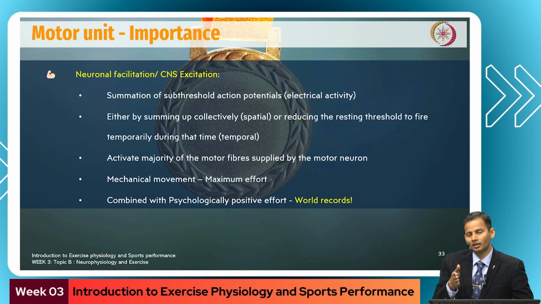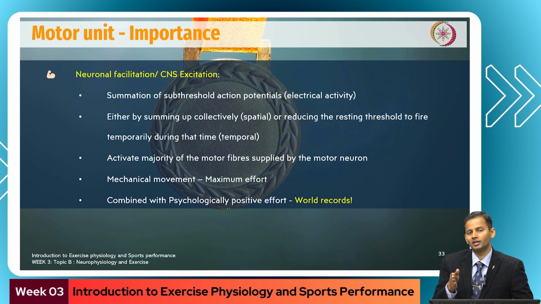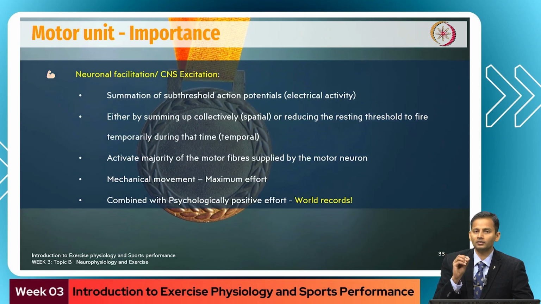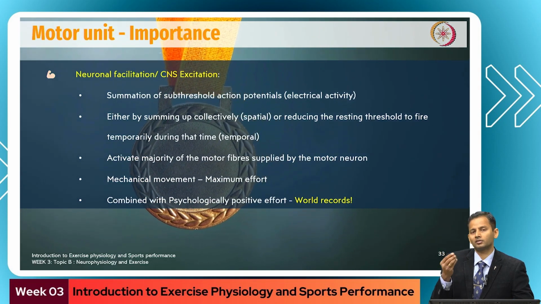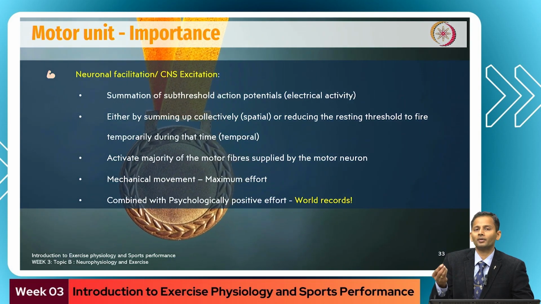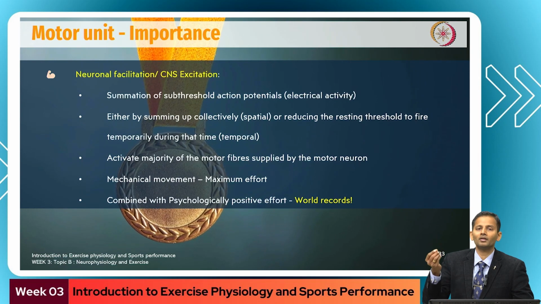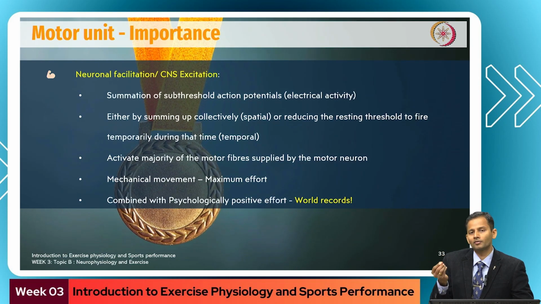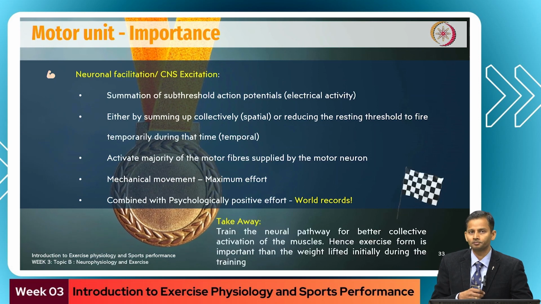When this particular type of facilitation is also overridden by the central nervous system excitation, say with psychological positive effort, you end up having people doing not only maximum effort, even world record level effort. So neuronal facilitation is the reason humans are able to perform better and better with every increase in the world events.